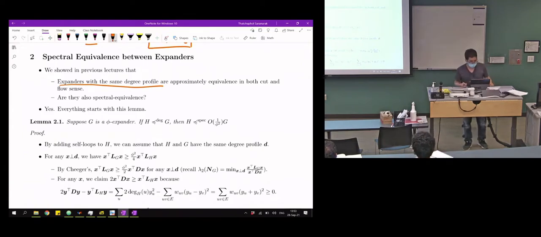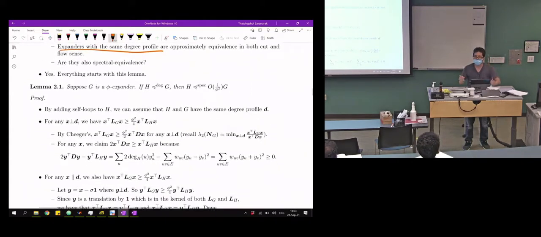Now I want to say that although the spectral notion is stronger than cut, within expanders they are still the same. Although it's harder to make them equivalent, expanders are still equivalent in this spectral sense.